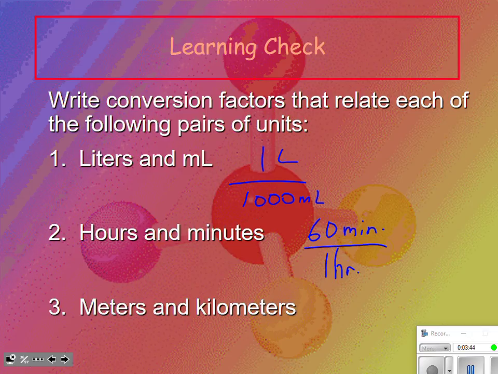How many meters are there in a kilometer? Yeah. Nice and loud, Kane. 1,000 meters is equal to 1 kilometer. Those are all conversion factors.